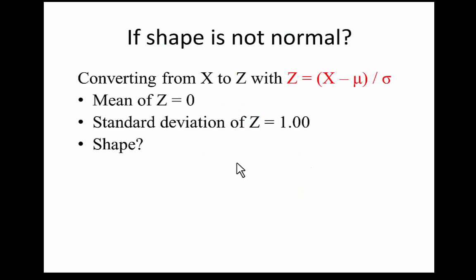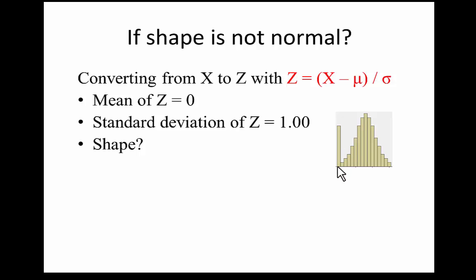Now, what if the distribution isn't normal? Would it help to convert to a z-score? Well, if we convert from the x-score to a z-score, we now will have a distribution with a mean of 0, and the standard deviation of the z-score is 1. But how about the shape? Well, suppose we had a distribution like this where it doesn't look too bad for normal, but there's a big bump of scores down here at 0.